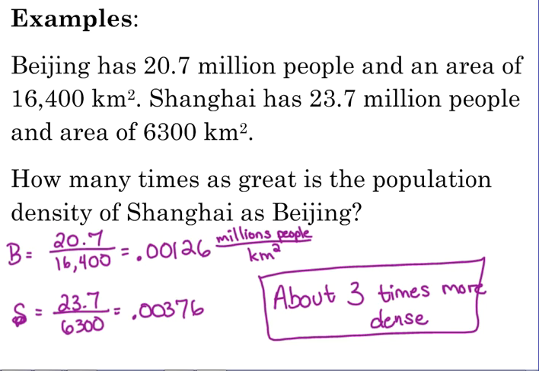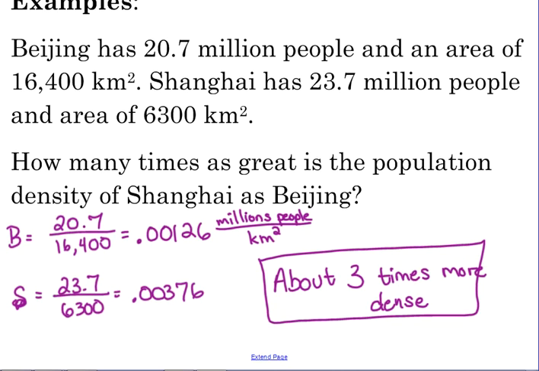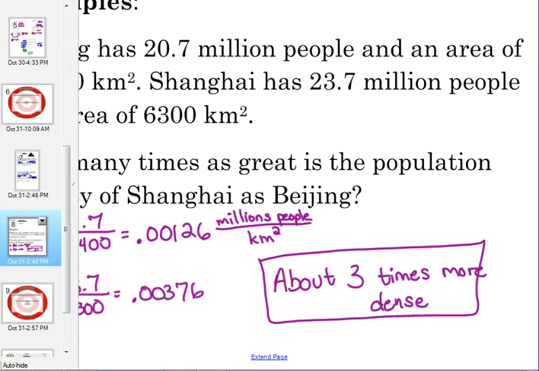So that doesn't look like it's that many times greater. But when you factor in how much area you're talking about, Shanghai is significantly smaller than Beijing is, and they have more people. So it really shows the disparity there, the difference between the two. 3 times as many people.